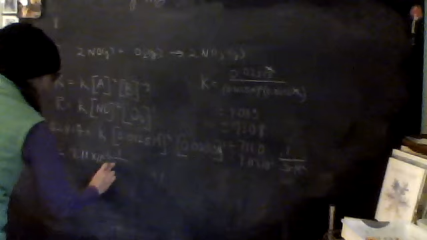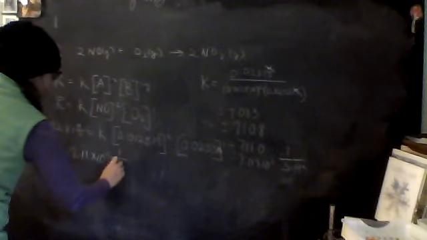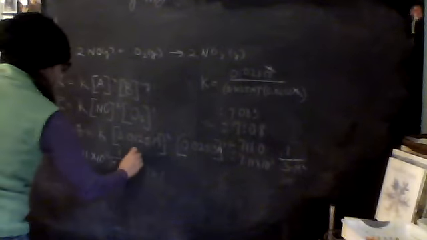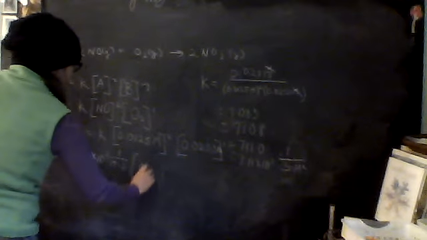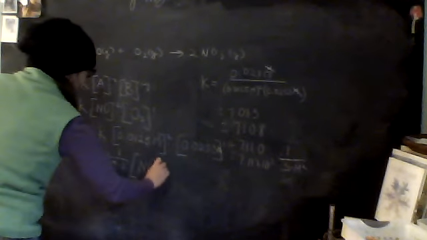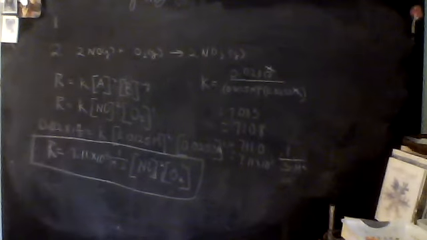So R equals 7.11 times 10 to the third, per molarity squared times second, times the concentration of NO squared times the concentration of O2. All right, and that's it for number 2.